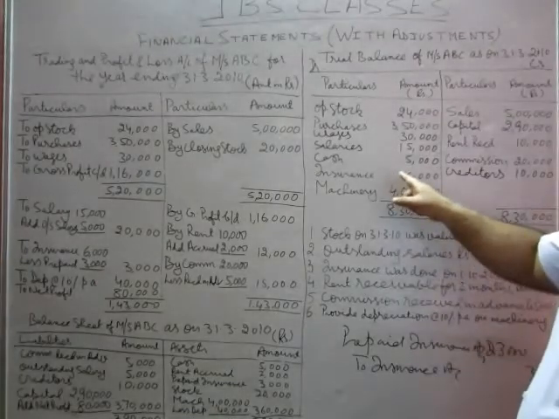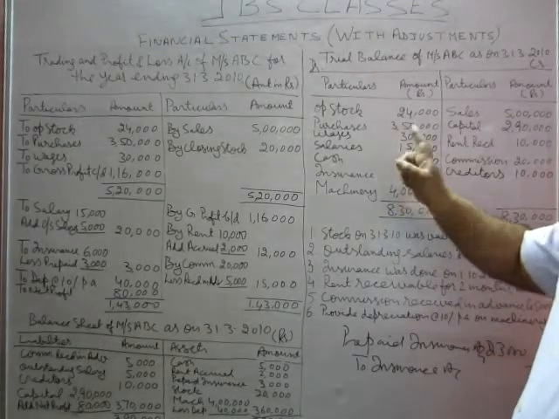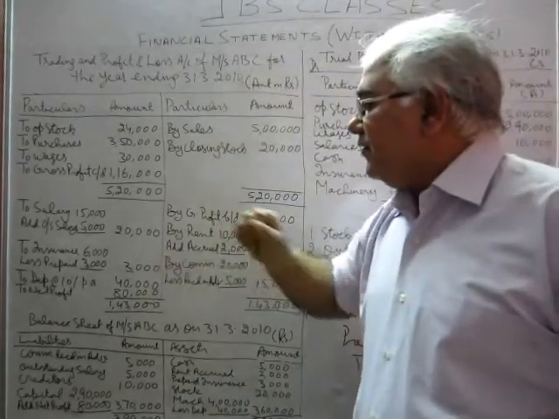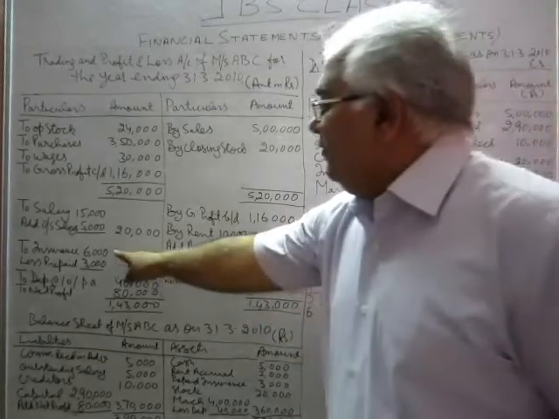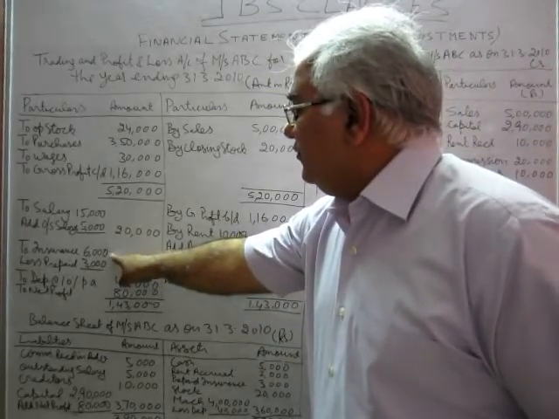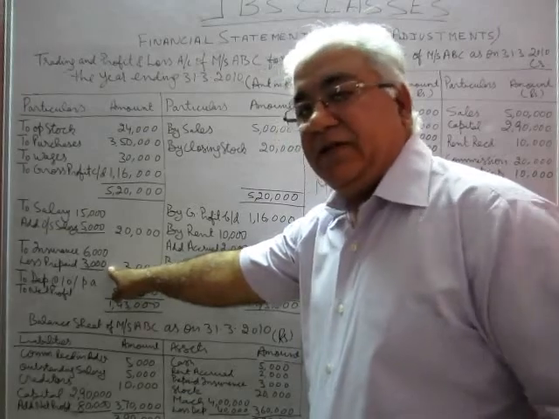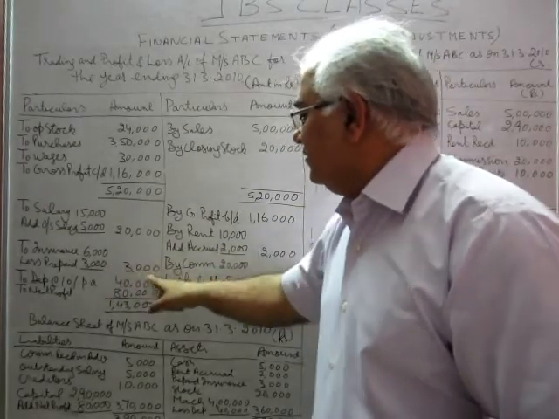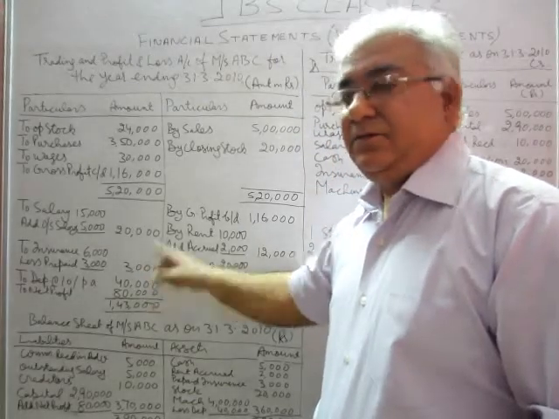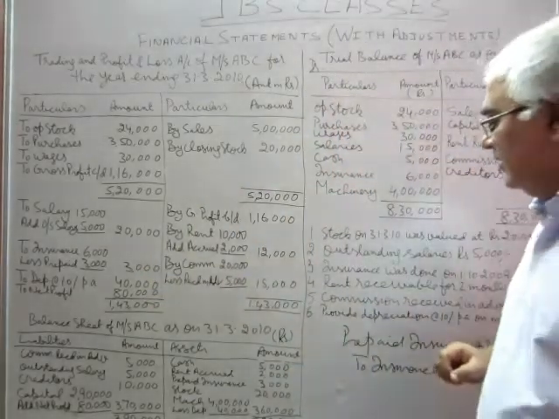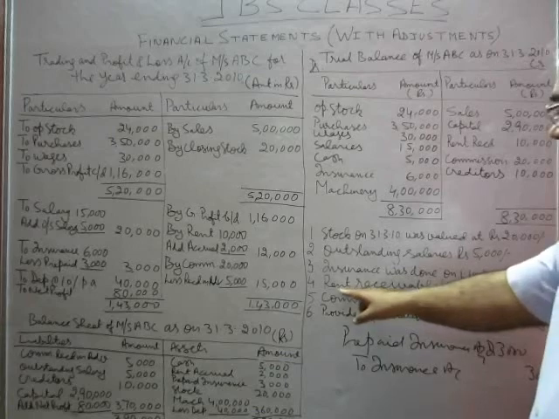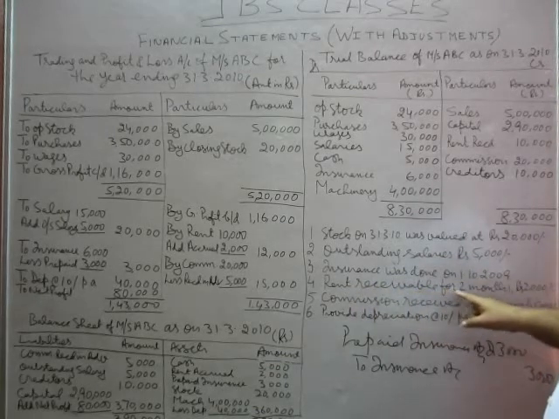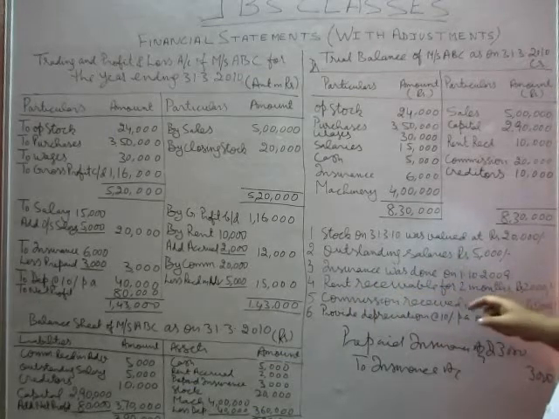And insurance in trial balance is 6,000, and while we prepare the profit and loss account, from the amount 6,000, we reduce prepaid, that is what we have paid for the next year, and the net amount taken is 3,000. Okay?